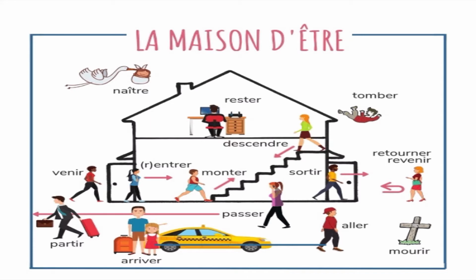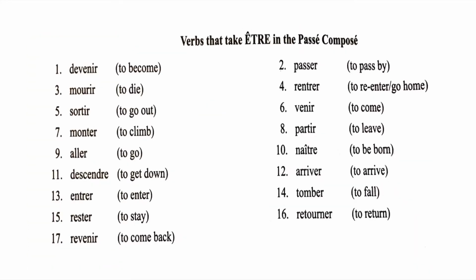If you don't know the meaning of these verbs, I advise you to read this list. Devenir, passer, mourir, rentrer, sortir, venir, monter, partir, aller, naître, descendre, arriver, entrer, tomber, rester, retourner, and revenir.